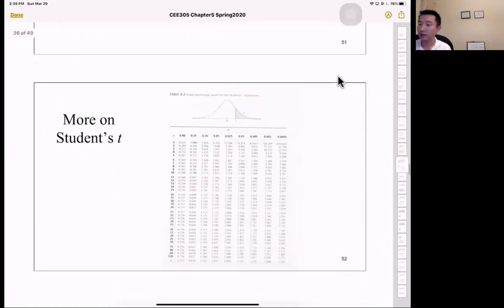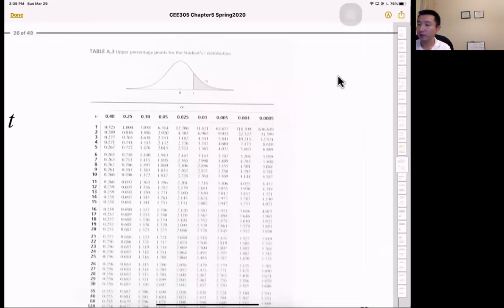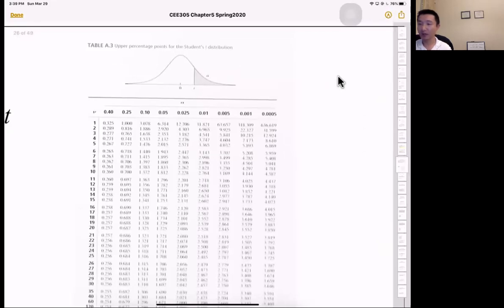Here is the t table, Table 8.3 from our textbook. v is the degree of freedom. First of all, we need to calculate the degree of freedom based on the sample size, n minus 1.